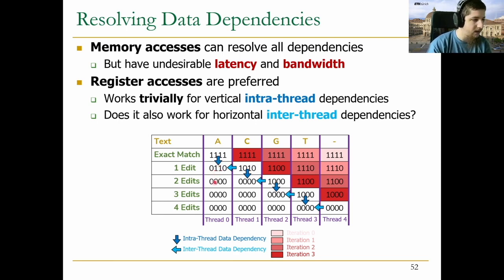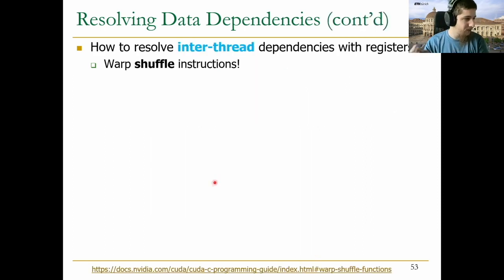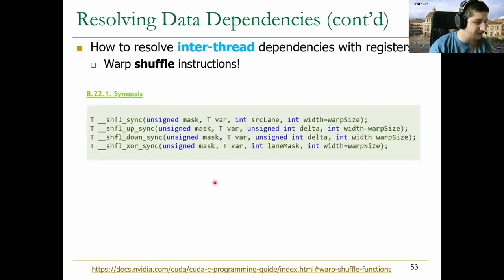And it turns out, yes, if you followed this lecture series. There are these warp shuffle instructions in CUDA. Here is a screenshot from the CUDA programming guide: these intrinsics shuffle sync, shuffle up sync, shuffle down sync, shuffle XOR. In our case, shuffle down sync is what we needed.